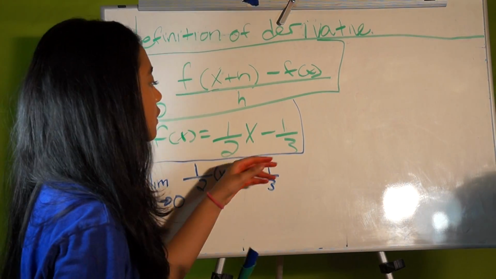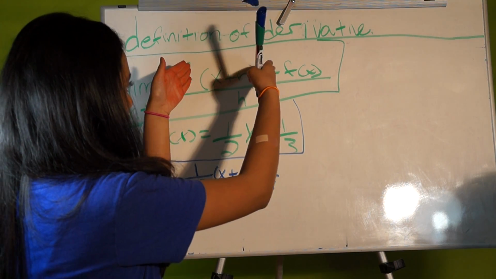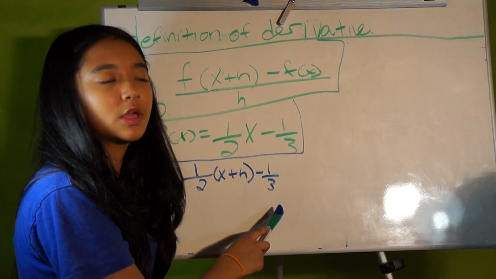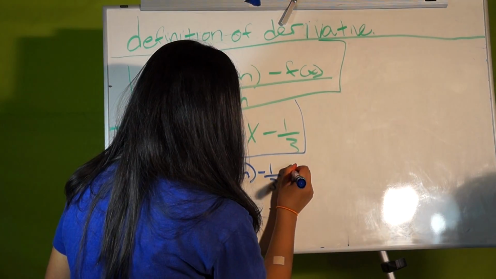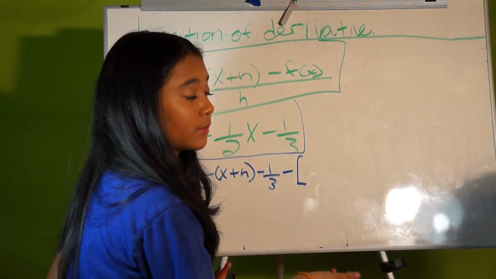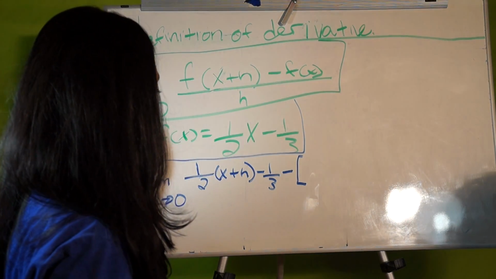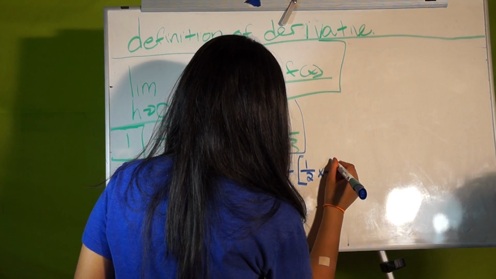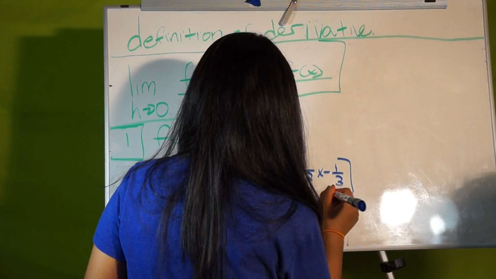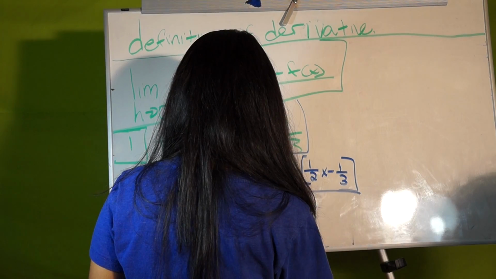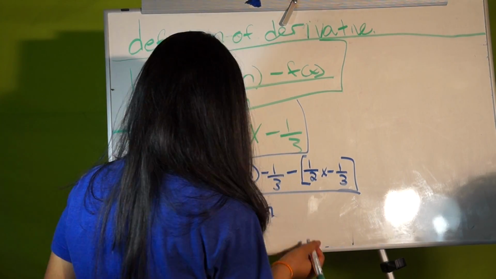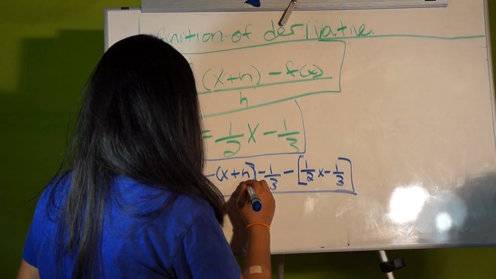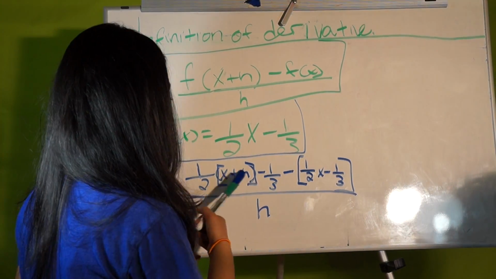You still keep the 1/3, and make sure you put parentheses or brackets around f of x, which means minus the original, 1/2 x minus 1/3, all over h.